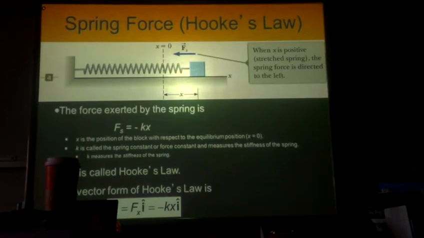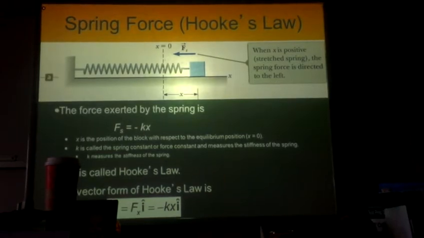So springs, the spring force, or Hooke's law, F_s is equal to negative kx. And let's think about this. If I compress the spring, then that means that x is going to be negative. So if F_s is equal to negative kx and x is negative, spring force would be positive. And that makes sense because the spring force is trying to push the mass back towards its equilibrium position, because they should be opposites.